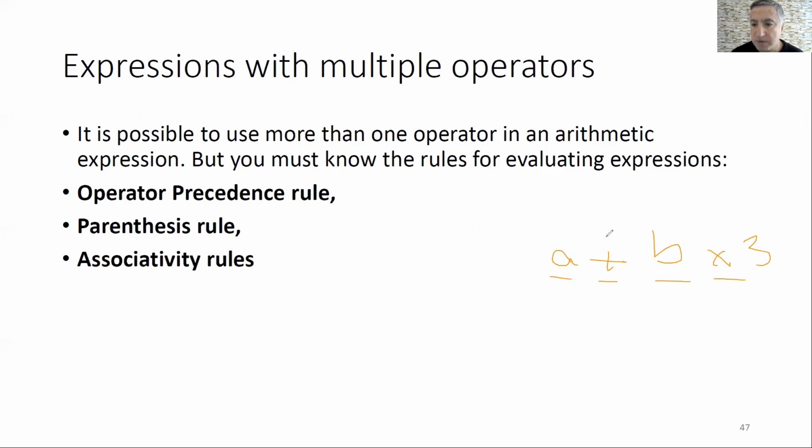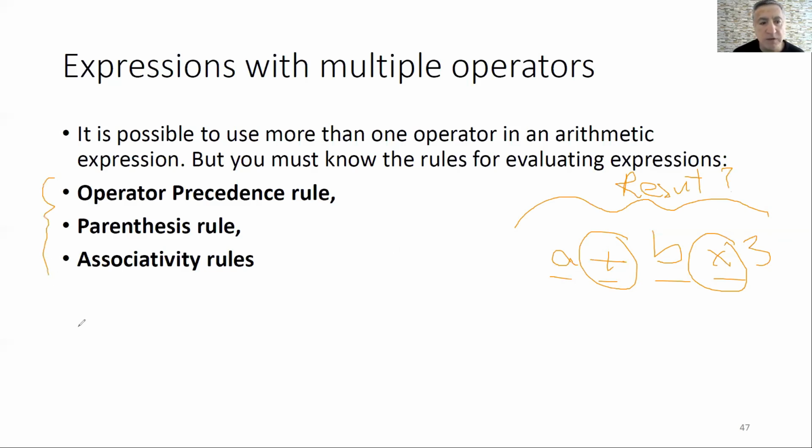We are talking about the arithmetic operators, you might remember. Here we have two arithmetic operators, but there could be 2, 3, whatever. So how can we solve this kind of expressions and find the result? That's today's topic.